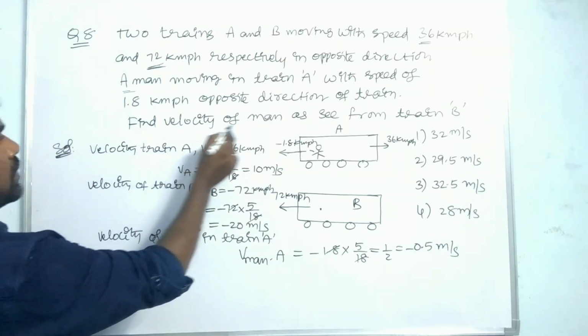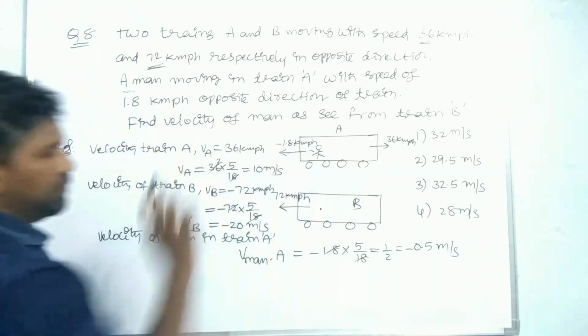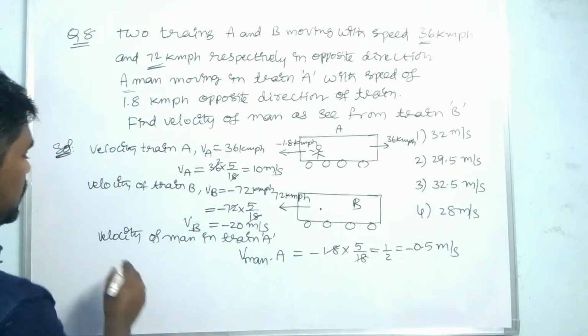Now we have to find the velocity of the man as observed from train B. How can we find that?